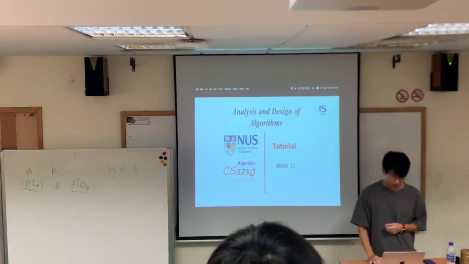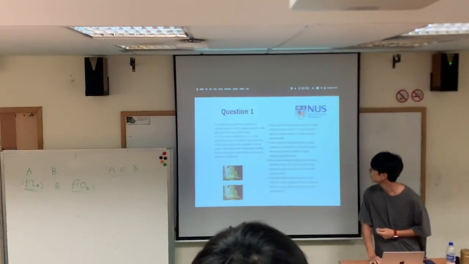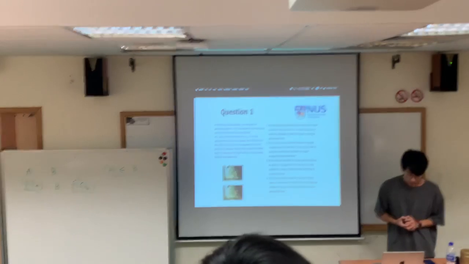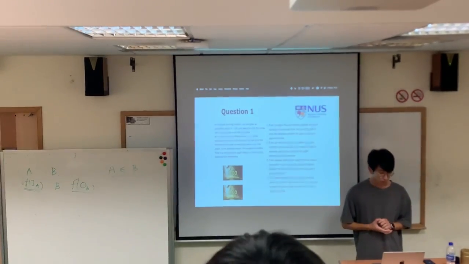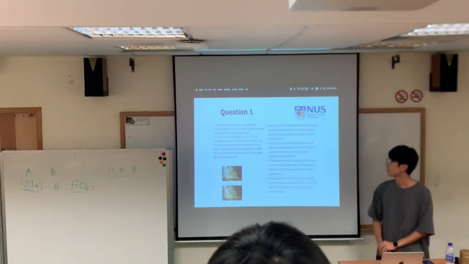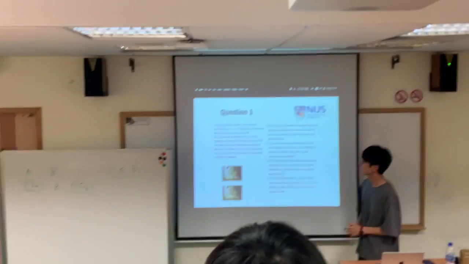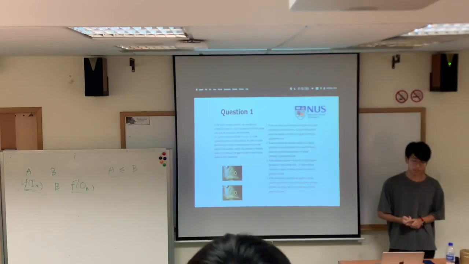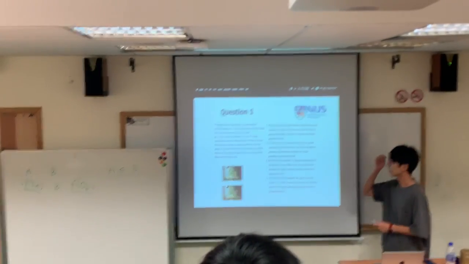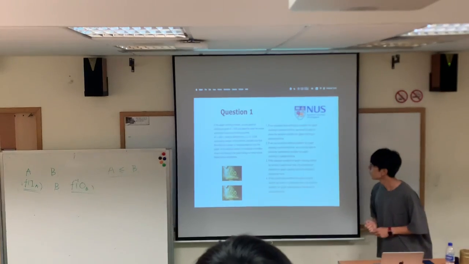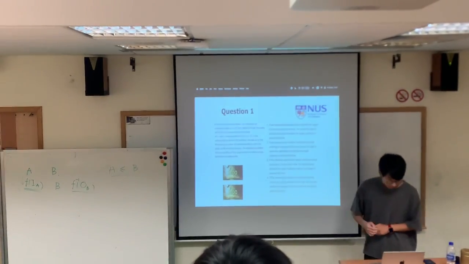Okay, so let's look at some questions. Question 1: we are given a graph with vertices and edges, and we want to color the graph, but adjacent vertices cannot be colored in the same color.